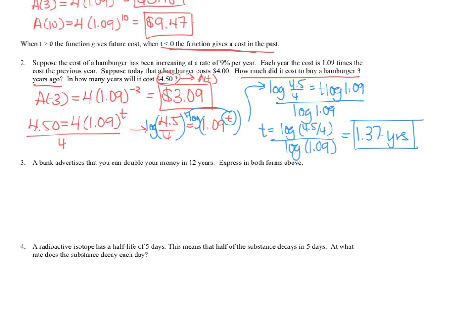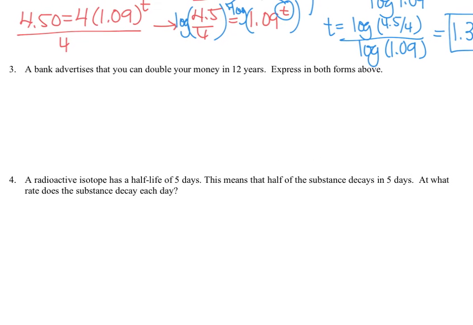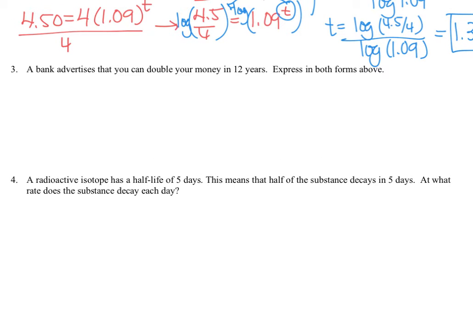The next example, we have a bank advertises that you can double your money in 12 years. So that one, we're going to use that A of t equals A sub 0 b to the t over k formula to start.